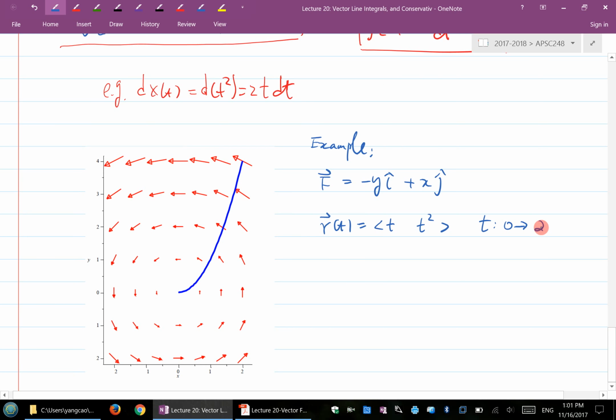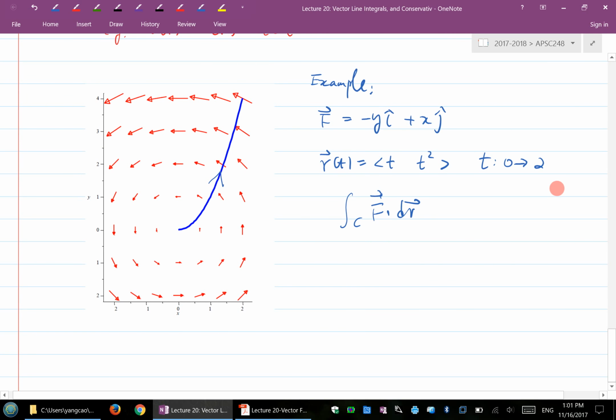Okay, so this is a vector field, and this is the curve C. And we want to calculate this vector line integral. I think I illustrated this vector field in a previous lecture, so it's more like a spinning field, right? The curve C, this is all the planar case. If you plot the curve C out, it's basically y equals x squared, and t goes from 0 to 2. So it basically goes up like this.